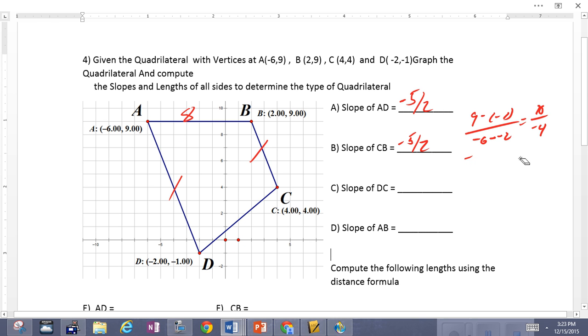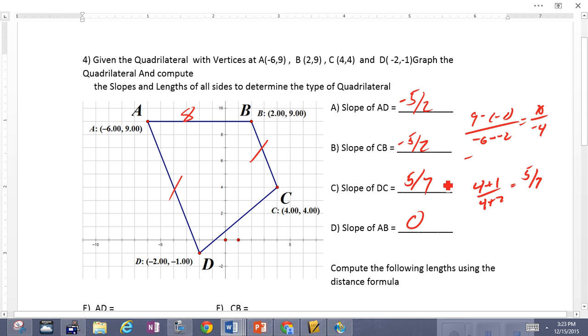Get rid of this a little bit. Okay, so the slope of DC is, of course, 4 minus a negative 1, so that's 4 plus 1, over 4 minus a negative 2, which is 4 plus 2, so that looks like 5/7 for the slope there. And the slope of AB, well, this is a horizontal line, so there is no slope, it's a zero slope.